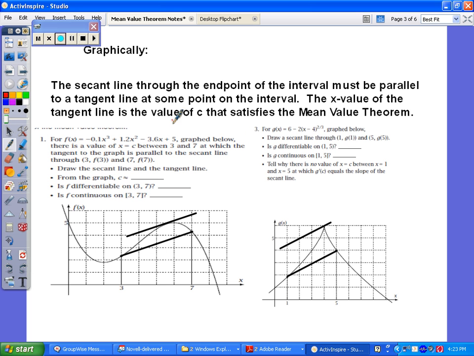If we look at that worksheet I gave you on Monday, this is number 1 on it, and it says to graph this function, and we're looking at the interval 3, 7. And it says draw the secant line and the tangent line. So I already drew the secant line, which is the line that goes through the two endpoints of the interval. And then I found a line parallel to it, and I found it's approximately at this point. So this would be my value of c, which is approximately 5.3, I would guess.